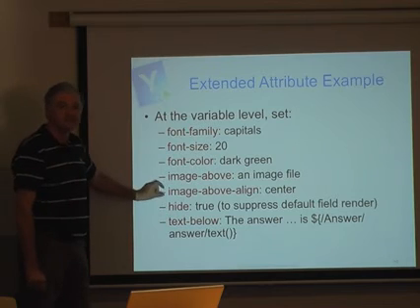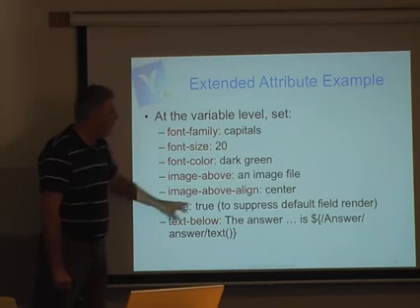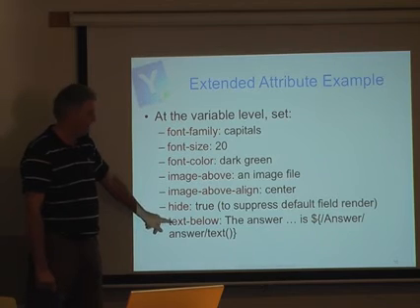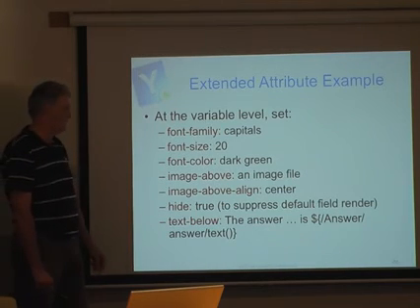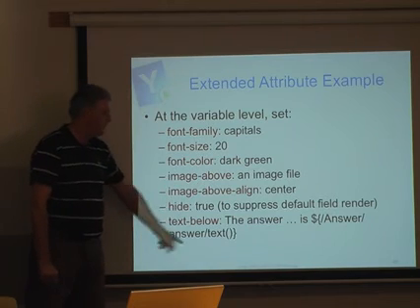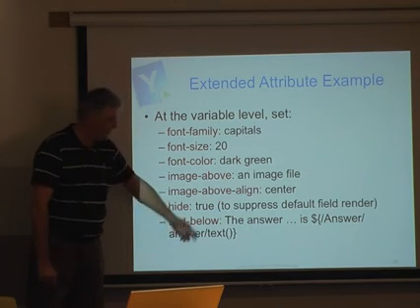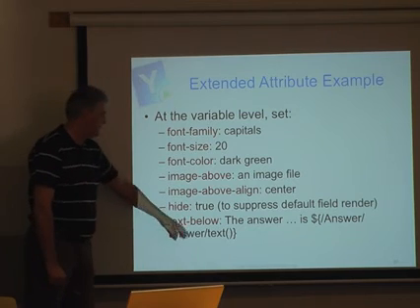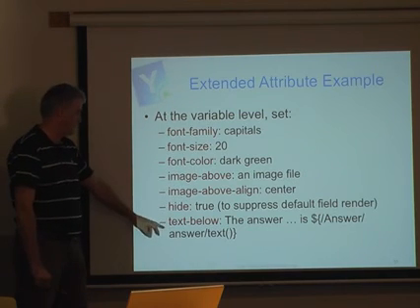We can hide the field itself. In this case, we actually want to hide the field because we're going to put the answer in some text below. So we can set our text below extended attribute to read "The answer is", and an XQuery that gets the value of the variable from the variable itself.